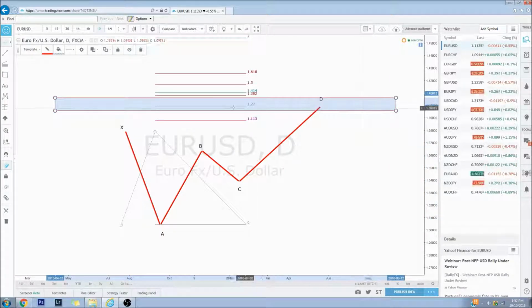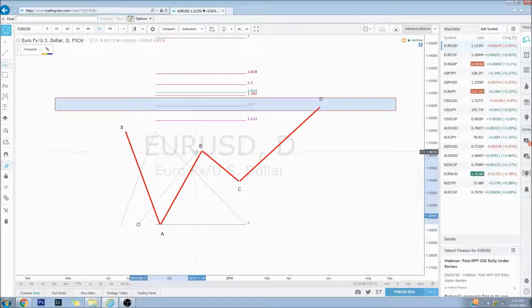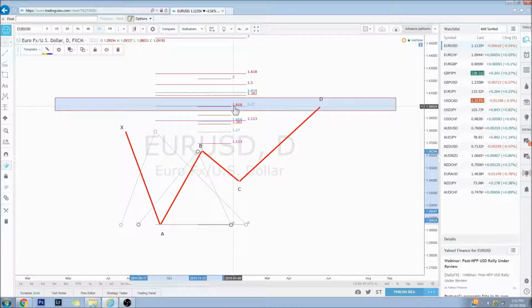Right there we have the 127, and we follow it up with an A to B fib extension with a 1618 confluence. The closer that these are together, the stronger the pattern appears. So the tighter it is, the more likely the outcome, the better percentage. It doesn't mean it's guaranteed to happen, but that's what I found.